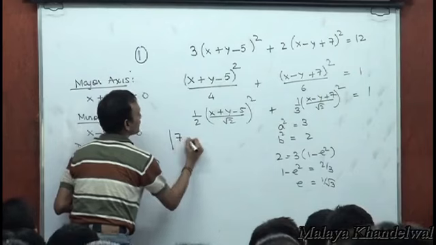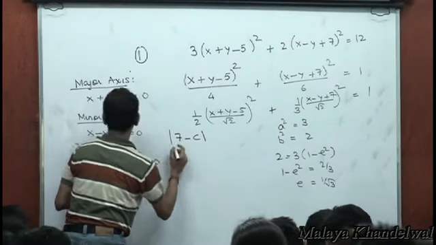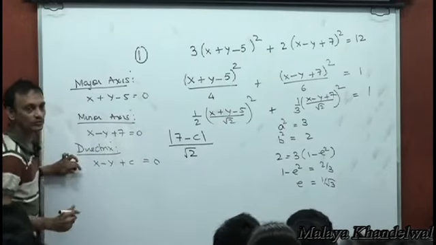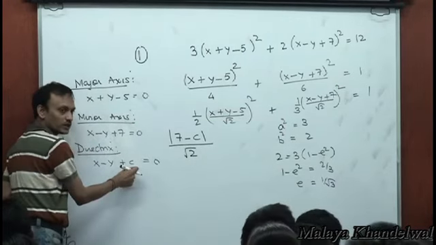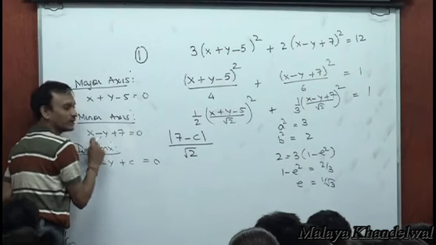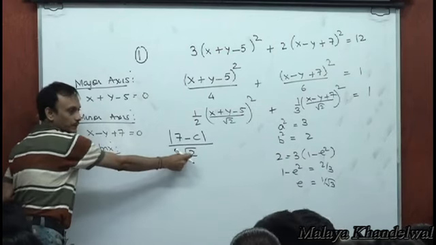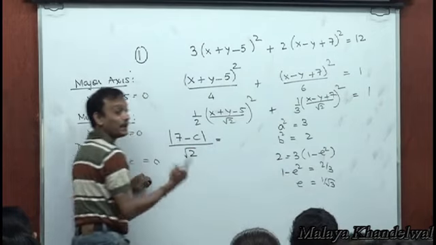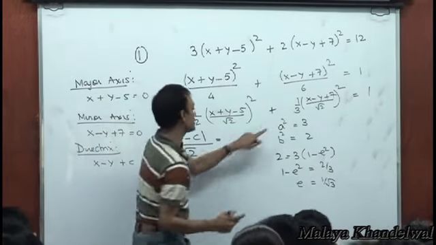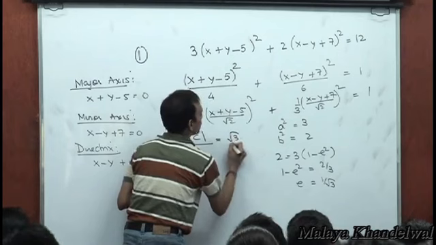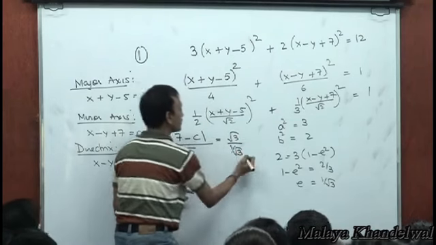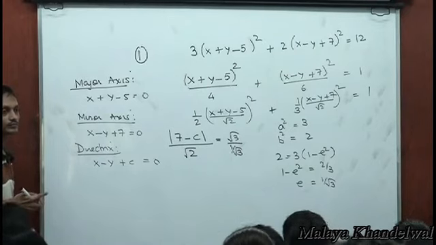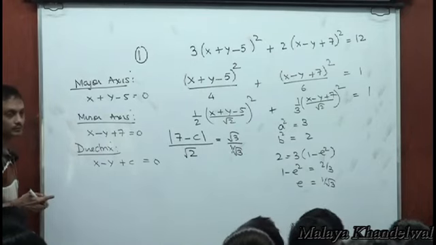Magnitude of 7 minus c divided by root 2. That's the difference between the two constants divided by root of 1 squared plus 1 squared, right? And that must be equal to a by e, which means root 3 divided by 1 by root 3. Clear?